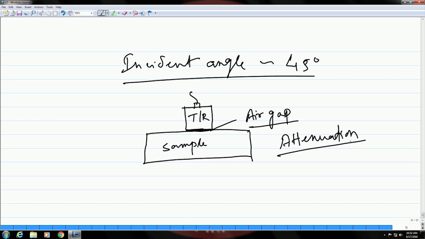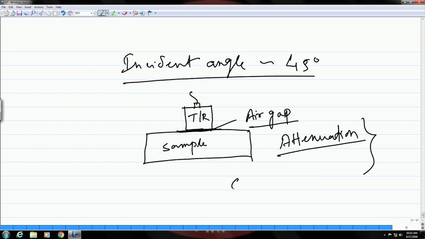So, if you want the entire energy of the sound waves going into the sample, and if you want to prevent this attenuation, then you need to exclude this air gap before you send the sound waves into the sample. Okay. So, in order to exclude this air gap, you need to apply something on this interface which will exclude the air.